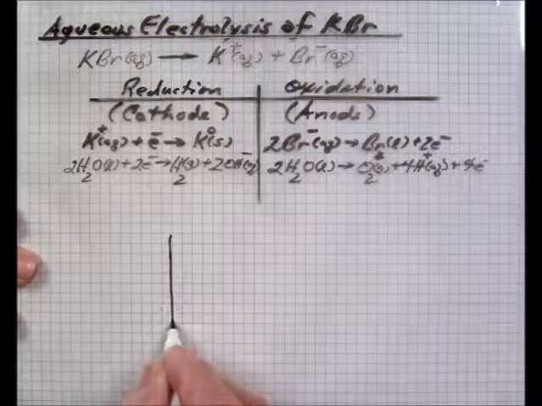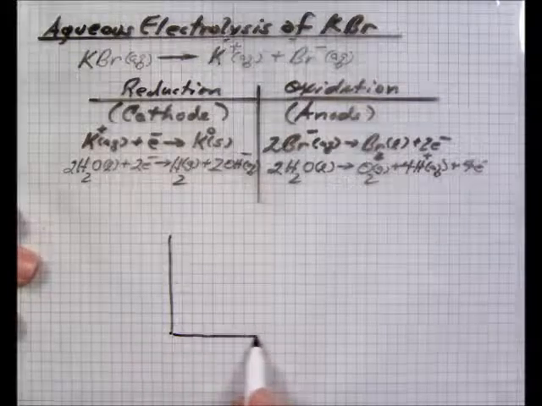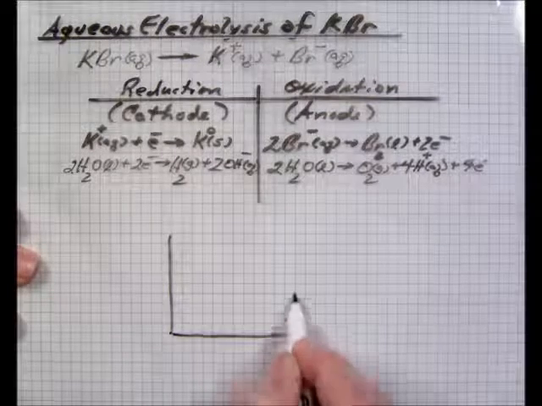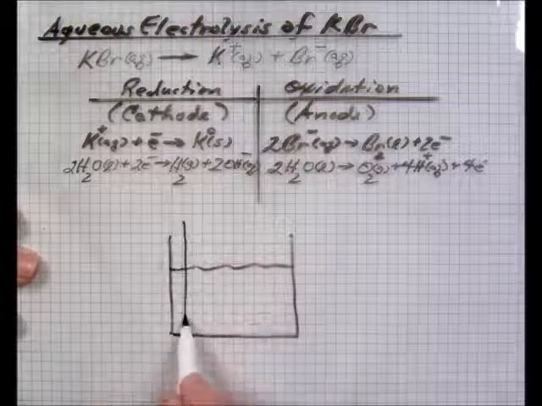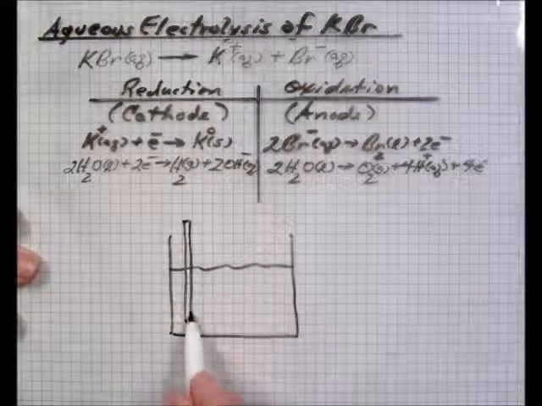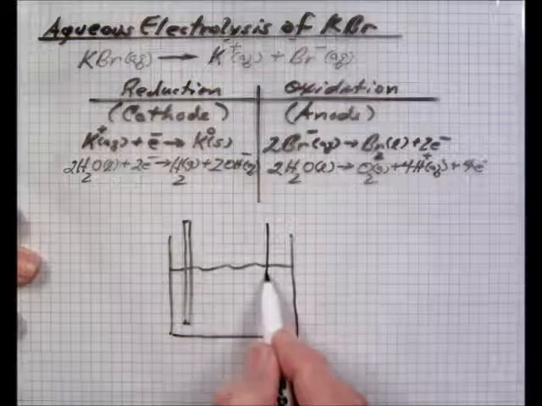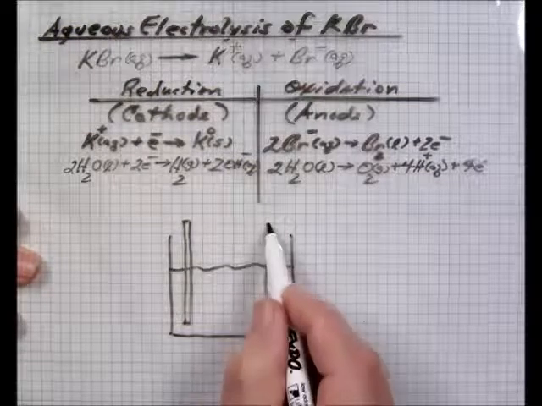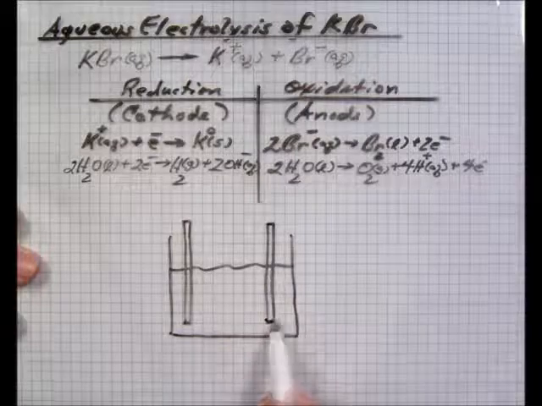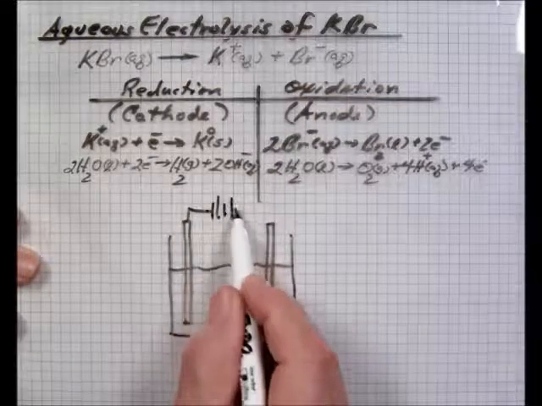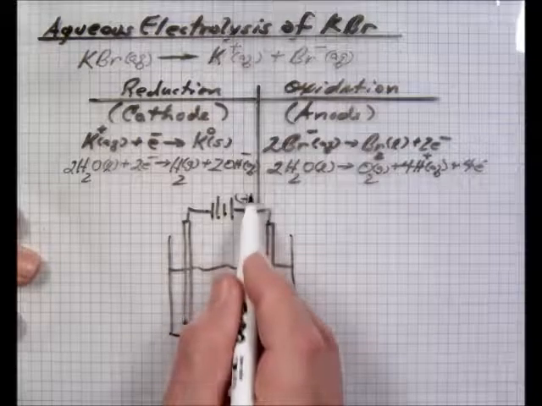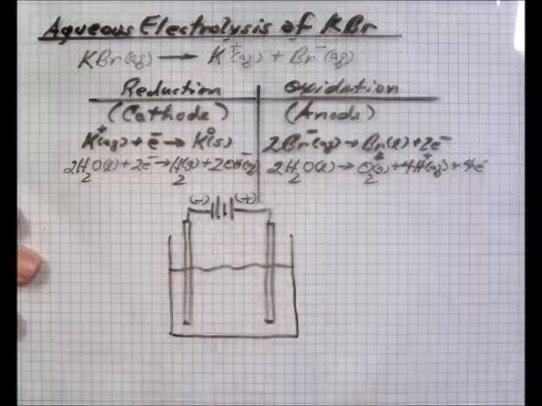If we draw an electrolytic cell and examine the potassium and bromide in aqueous media, what would we see? Okay, if we have the graphite electrodes shown here like this, and we have it connected to a battery as shown earlier, like that.